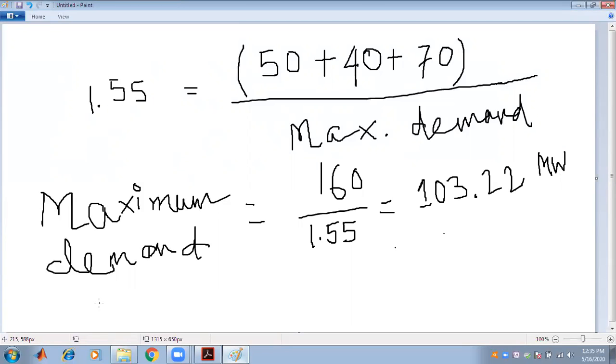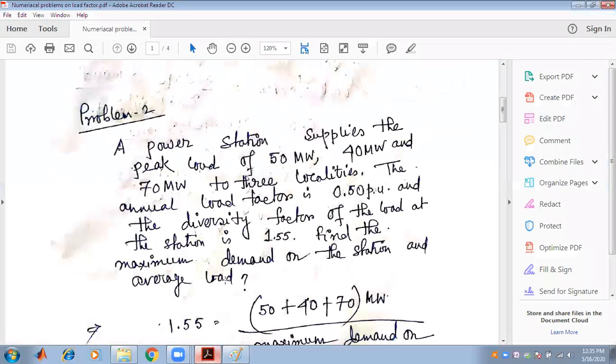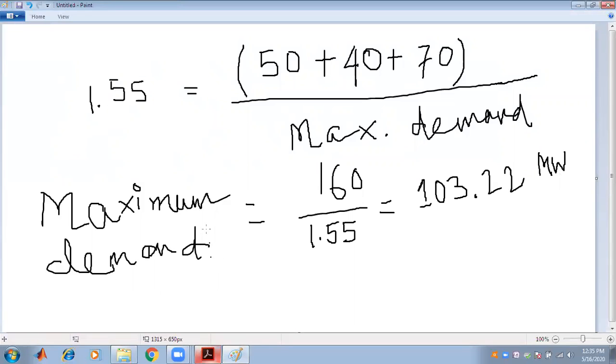This is the maximum demand of the station that we have found. The first part, to find the maximum demand of the station, is done, and the second part is to find the average load of the station. Now we have to find the average load of that particular station.